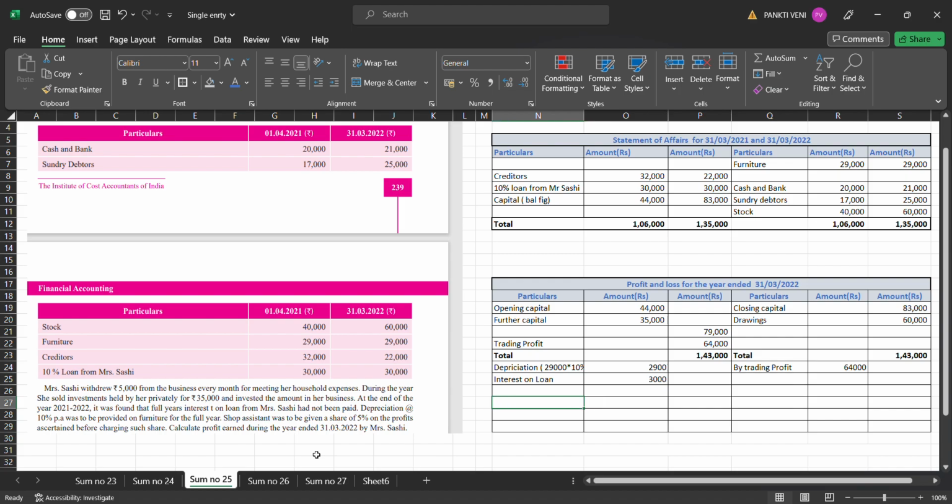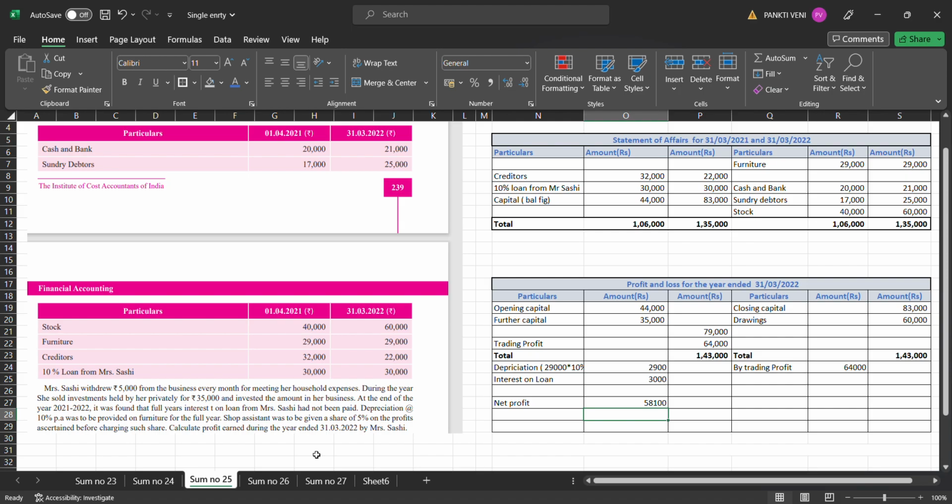From trading profit, I'll remove these, so I'll get net profit. 64,000 minus 2,900 minus 3,000, I'm getting 58,100 as my net profit.